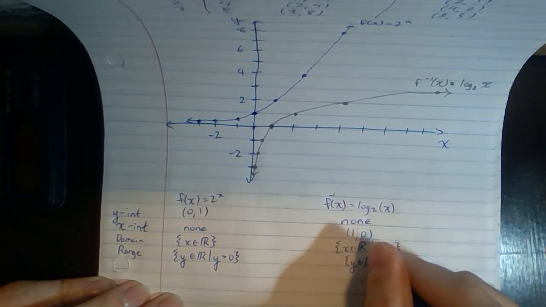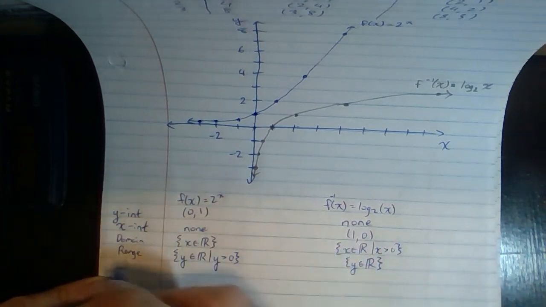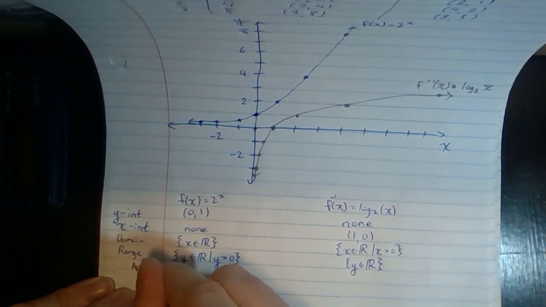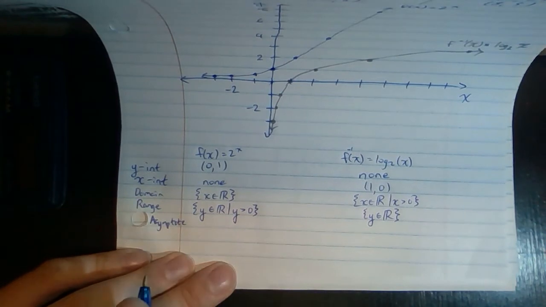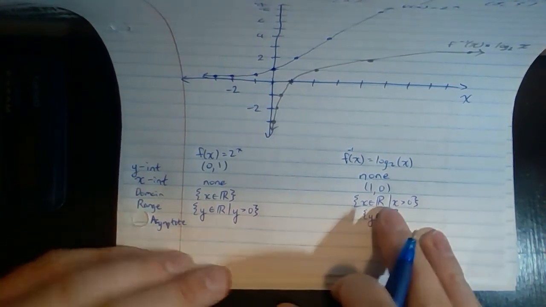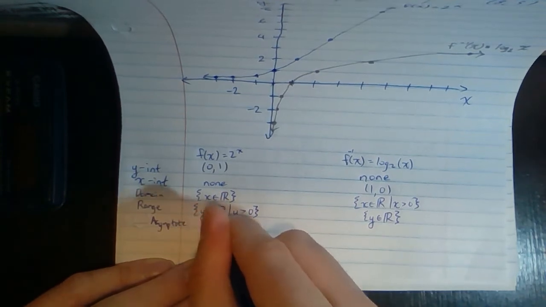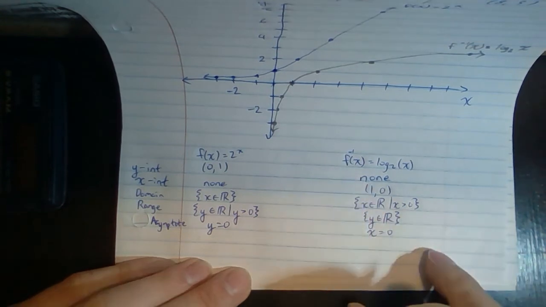But our range could be all real numbers. Asymptote, in the original function we had a horizontal asymptote at y equals 0. In the inverse we had a vertical asymptote at x equals 0.